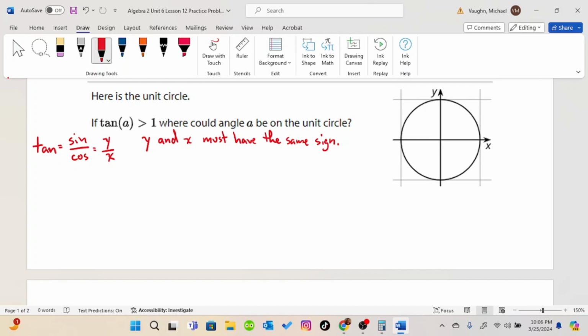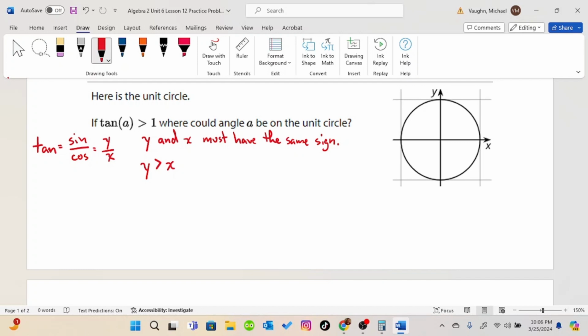The other thing that must be true, y must be greater than x. If y and x are equal, then tangent will be 1. And if x is greater than y, then tangent will be less than 1. So both of these statements must be true.